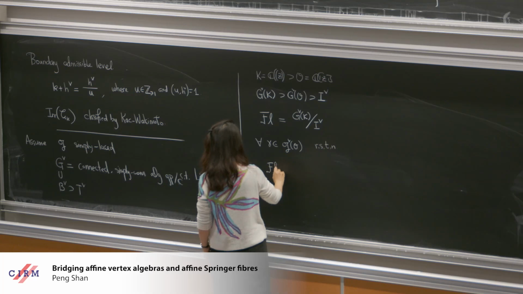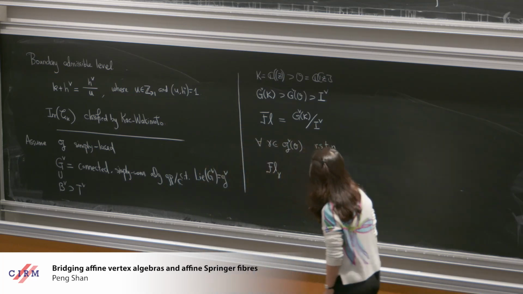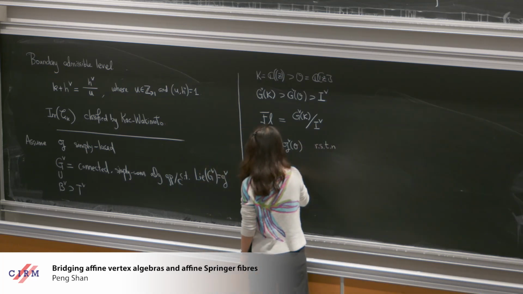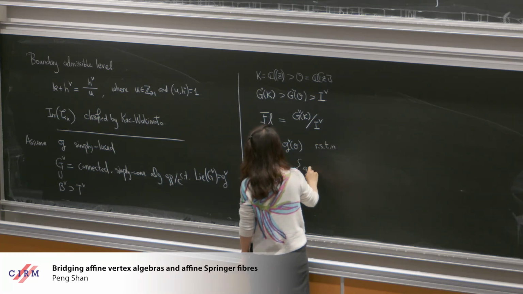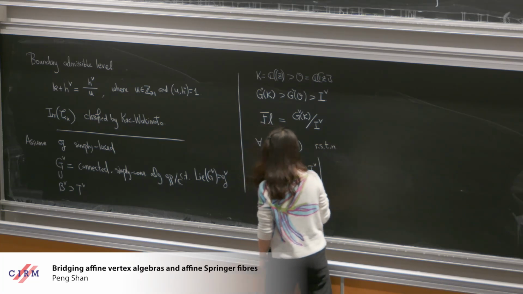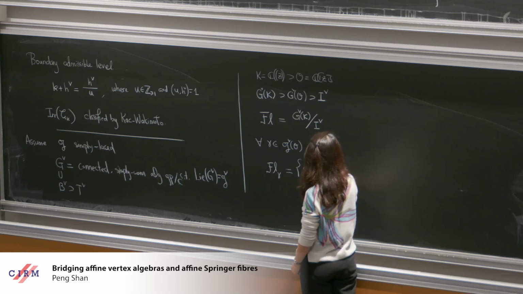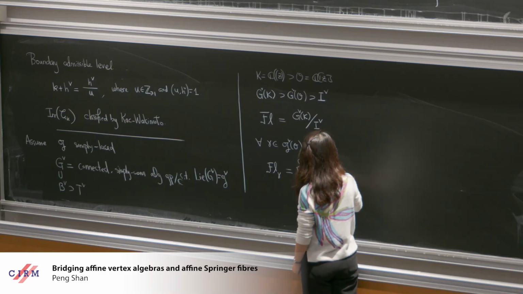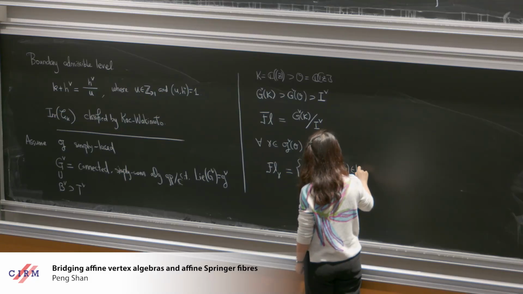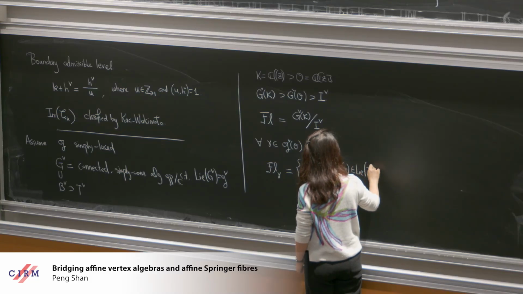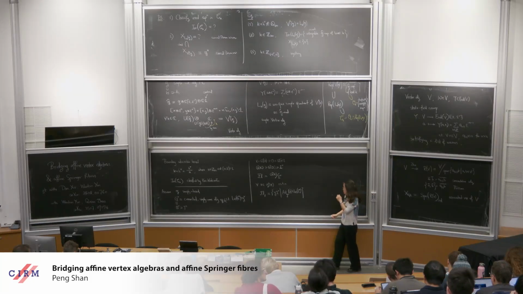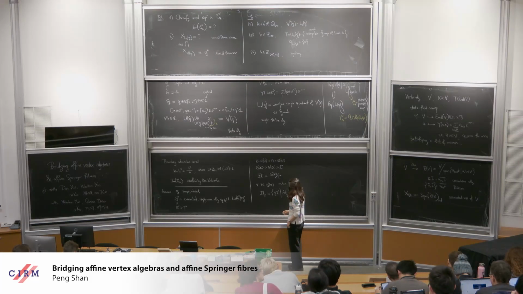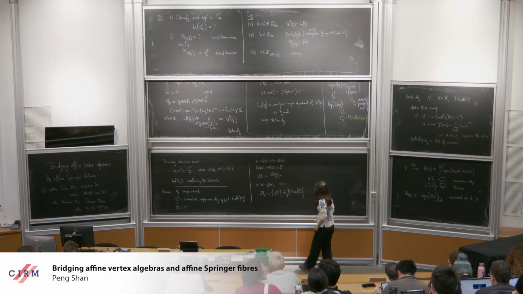So the affine Springer fiber corresponding to this gamma is a closed sub-scheme inside the affine flag variety, consisting of the points gI check such that Ad of g inverse of gamma belongs to the Lie algebra of I check. Okay, if we put this condition, this is a scheme locally of finite type.